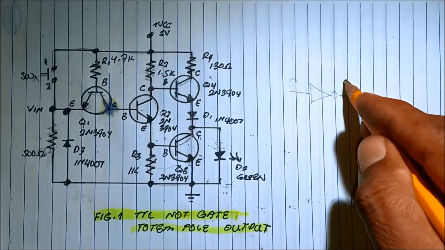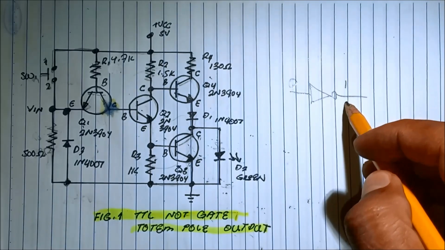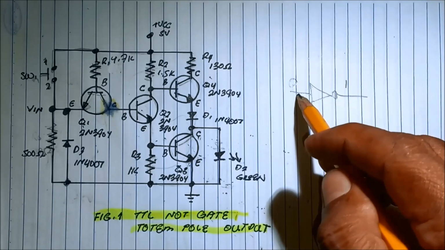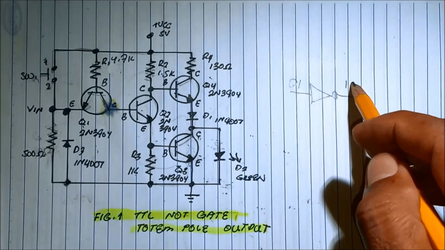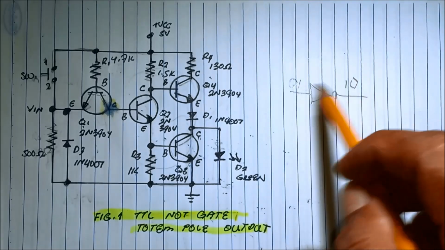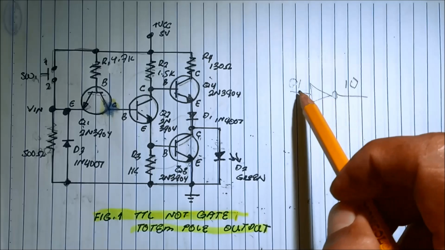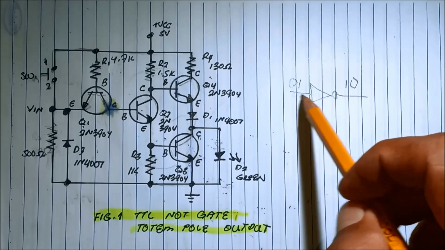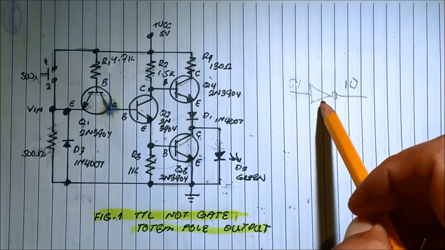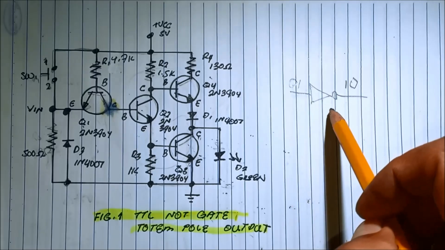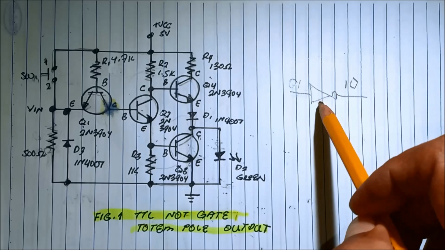It becomes 1. So there's an output. If there's an input, there is no output. It inverts the signal or the voltage input. That is the characteristic of NOT gate in digital electronics. This is a NOT gate, inverter gate.